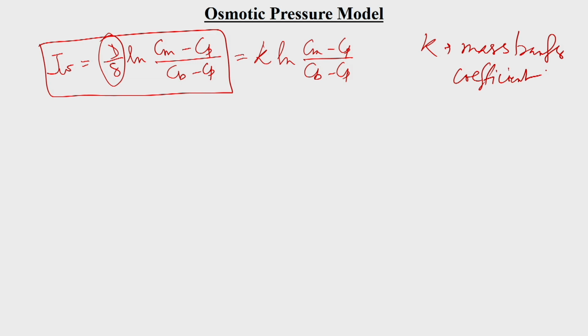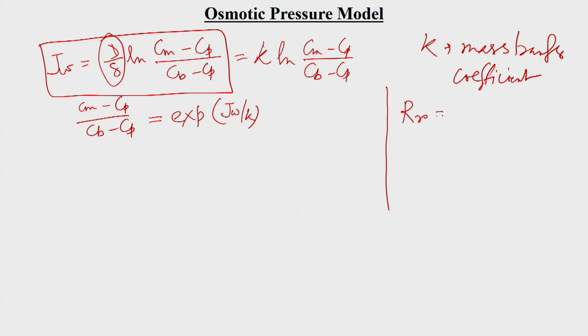Now, we will do some manipulation in this equation: (Cm minus Cp) by (Cb minus Cp) will be equal to the exponential of Jw by k, just by keeping this and taking the anti-logarithm. Now we know another thing, we take RR, the real retention, which is equal to 1 minus Cp by Cm.